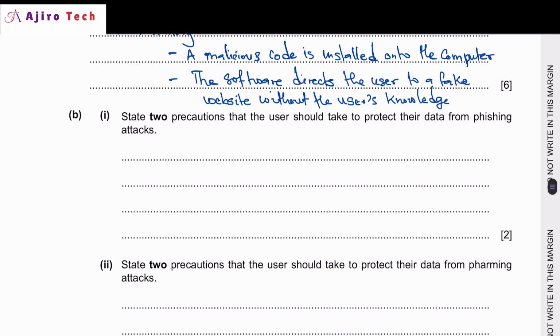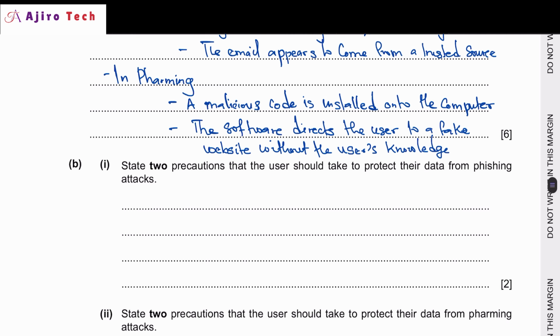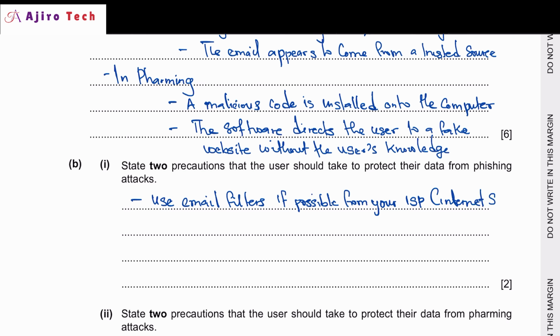State two precautions that users should take to protect their data from a phishing attack. Okay, we talked about it. For a phishing attack, use an email filter, if possible from your ISP. From your ISP, which is what? Your internet service provider. If you're wondering what I'm talking about, internet service provider.